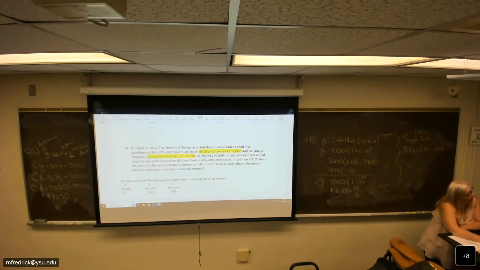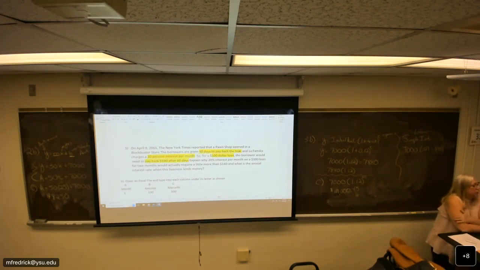So on a $100 loan the borrower would need to pay back $140 in 60 days. Explain why 20% interest per month on a $100 loan for 2 months would actually require a little more than $140. And what is the annual interest rate when this business lends money?